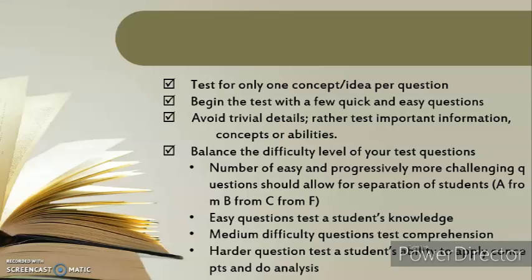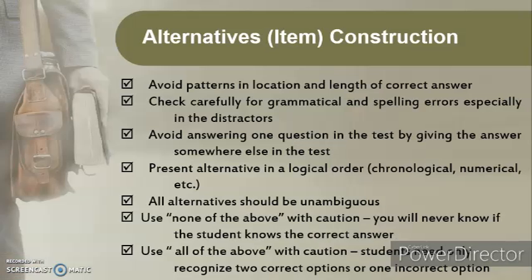For example, A from B, B from C, and C from F. Next, easy questions test a student's knowledge. And next, medium difficulty questions test comprehension. And the last, harder questions test a student's ability to apply concepts and do analysis.